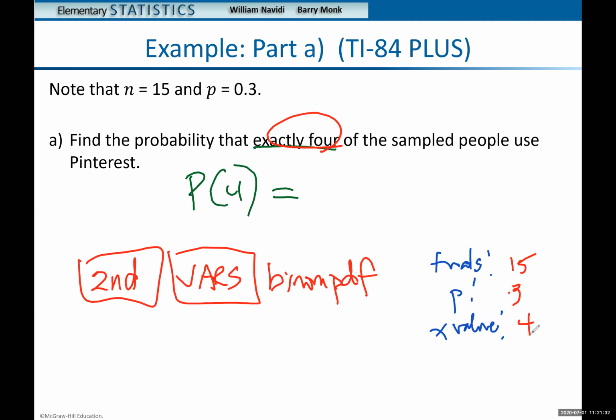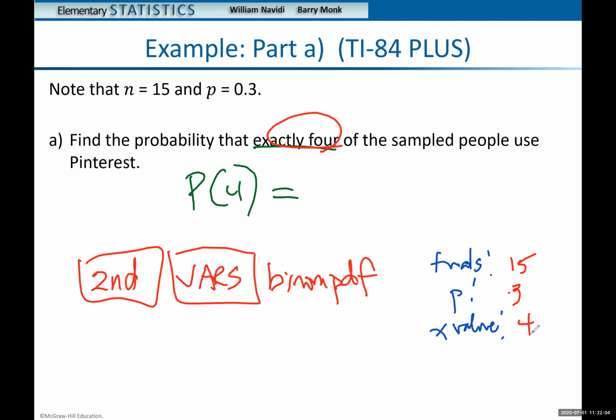What is your answer? Come on, all of you try.